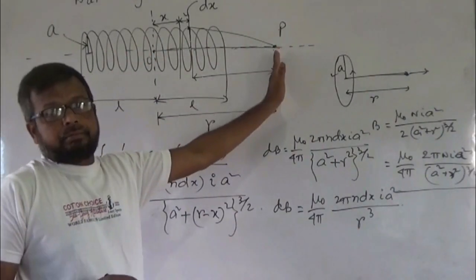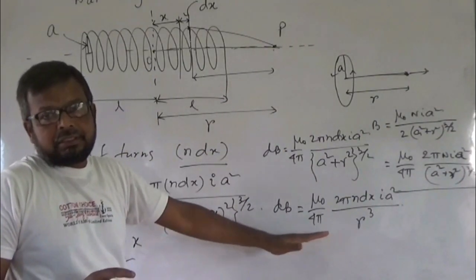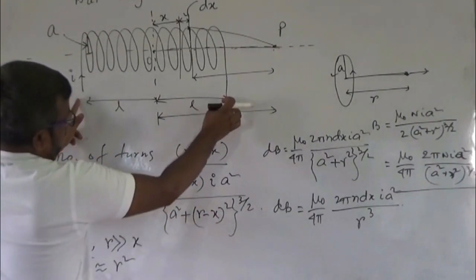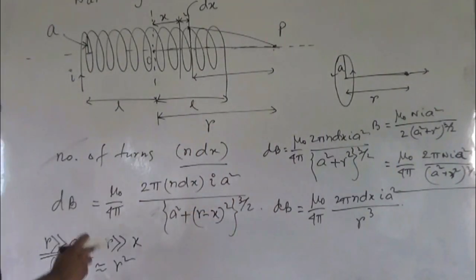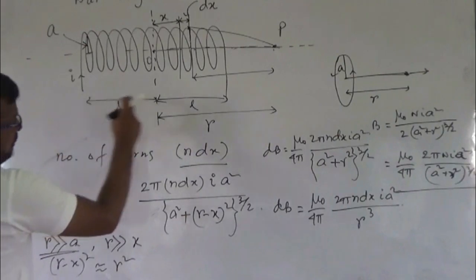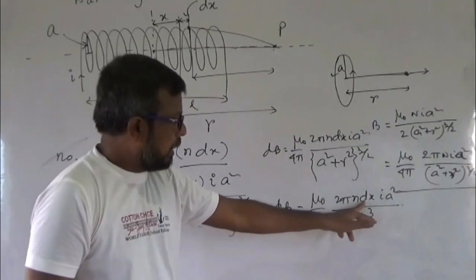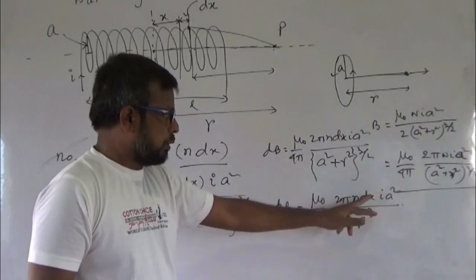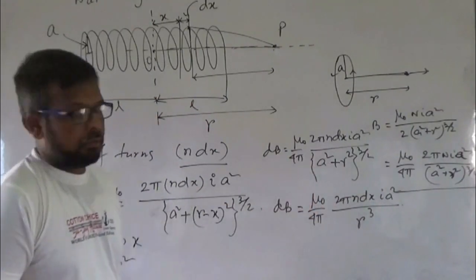It can be obtained by integrating this expression between this cell to this cell, that means integrating this expression for the whole solenoid. That means I have to integrate dB from minus L to plus L over dx, right? Here a is constant, r is constant, I is constant, n is constant, just one variable here, dx. Now I have to integrate dx.